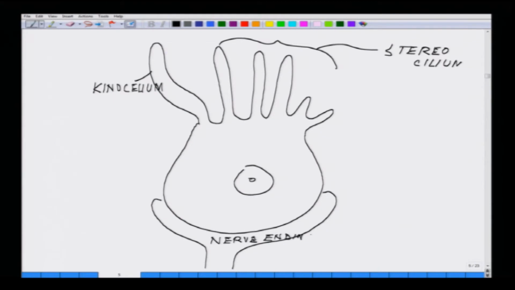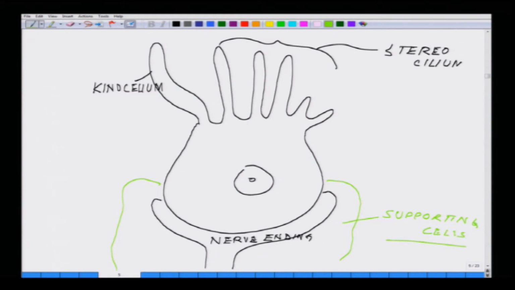And just like the retinal pigment epithelial cell in the retina, these are sitting on a lot of supporting cells, which I am showing in green. So, these are the supporting cells. Okay. So, this is the overall structure.